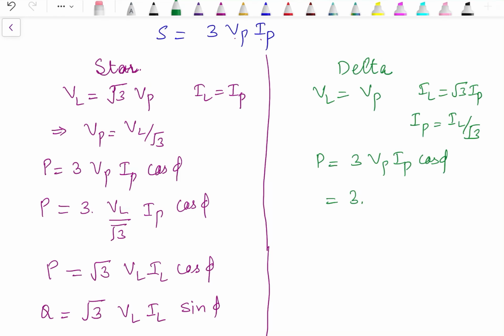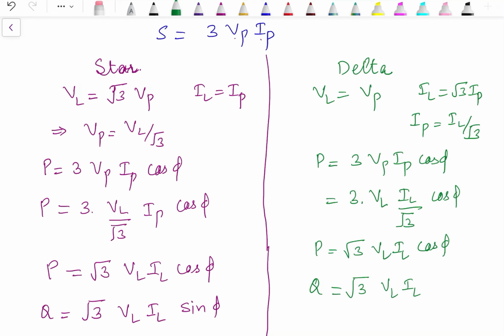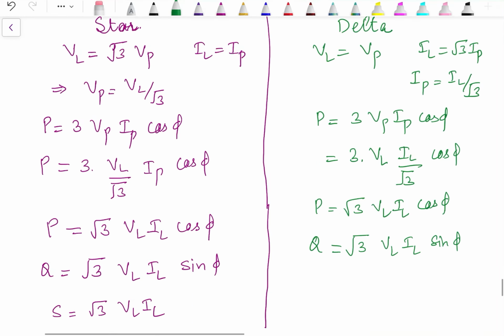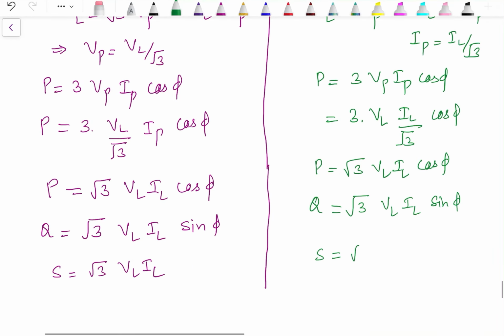Vp is the same as VL, and Ip is IL by root 3, so 3 times VL IL by root 3 cos phi. So P is root 3 VL IL cos phi. Similarly, reactive power is root 3 times VL IL sin phi, and apparent power is root 3 times VL IL.